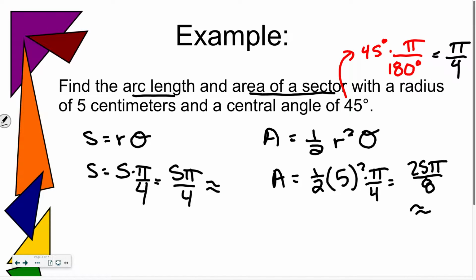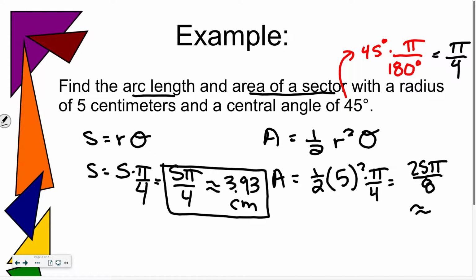And I would argue on these problems, a lot of times, you might like to give an estimated decimal version, especially in an application problem. So 5 pi divided by 4 is approximately 3.93 centimeters.